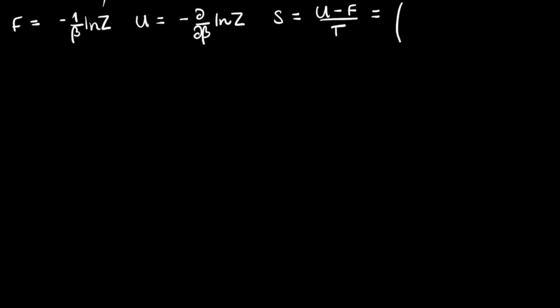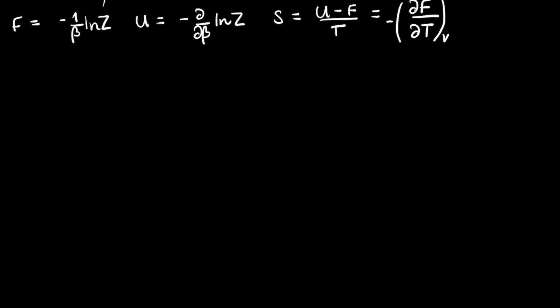If you remember my video about thermodynamic potentials, entropy is the derivative of the Helmholtz energy with respect to temperature holding the volume constant. It's actually minus this right here, if you remember what the differential of the Helmholtz free energy is. So you can also write the entropy in this form.